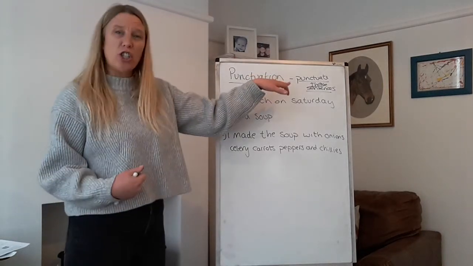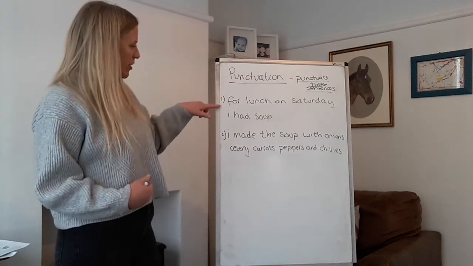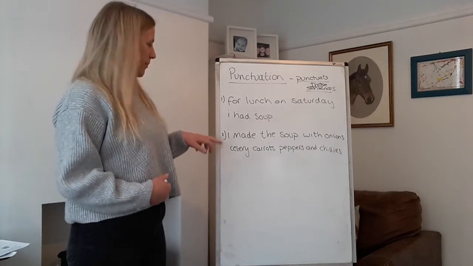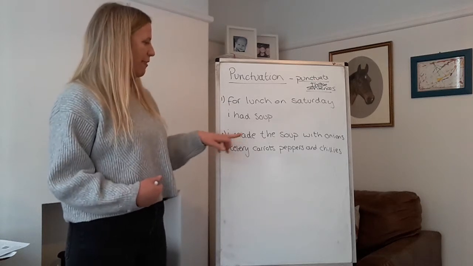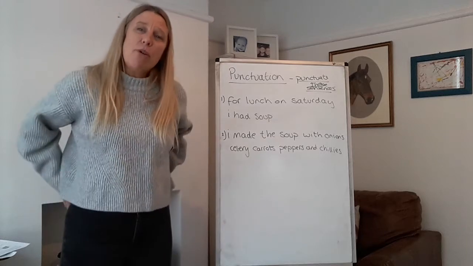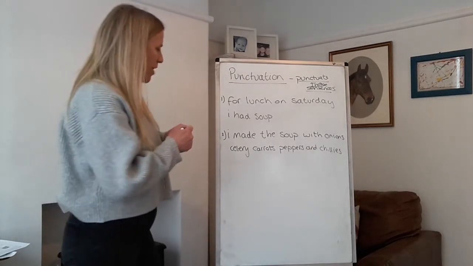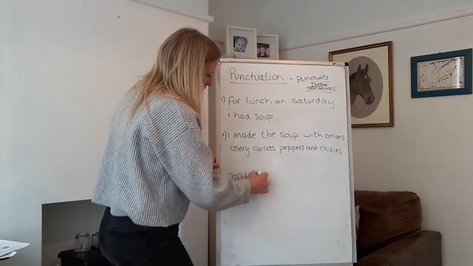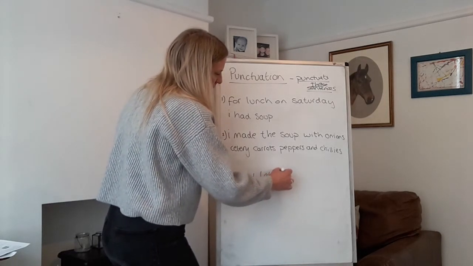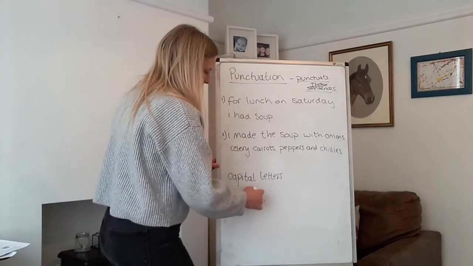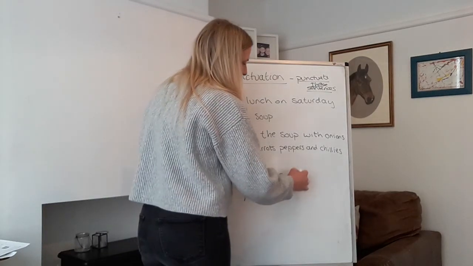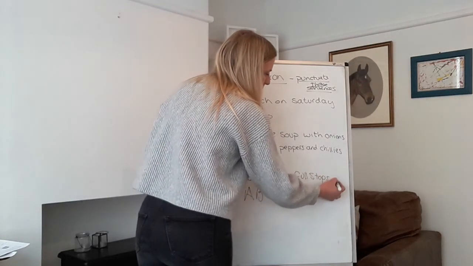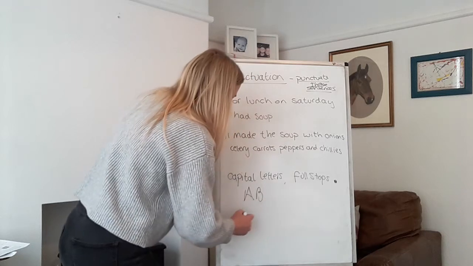So I just want you to punctuate these sentences. I've got two sentences here. Number one, for lunch on Saturday I had soup. Number two, I made the soup with onions, celery, carrots, peppers and chilies. Can you put the correct punctuation in? By punctuation I mean capital letters, full stops, and commas.